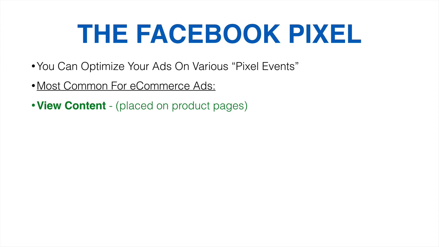This goes a little bit further than someone that just clicks your ad, because view content picks up every single product that they visit. So it starts learning who people are that are visiting more pages on your website, that are browsing for longer periods of time, viewing more products. So it goes a little bit deeper than just a website click.